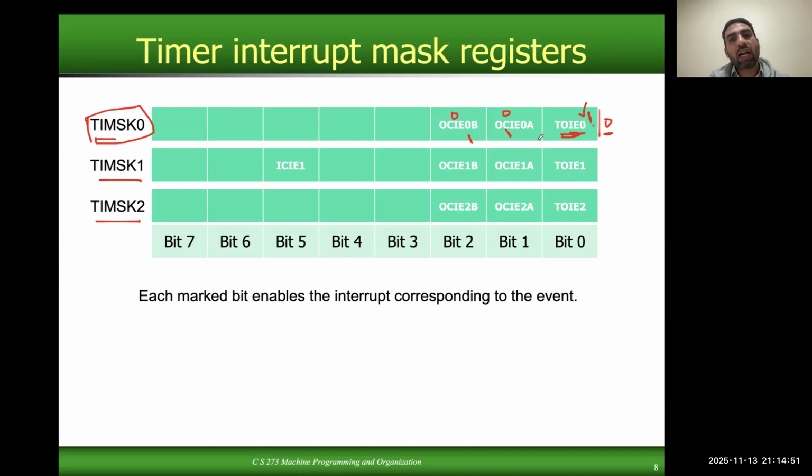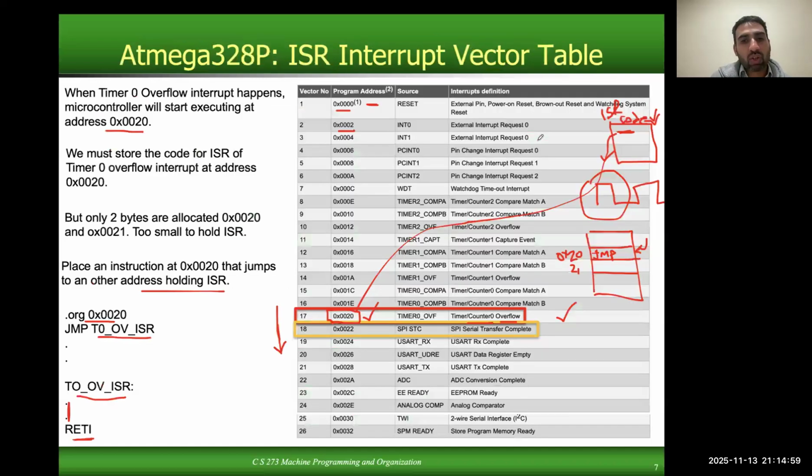As soon as those values become equal, the microcontroller will jump to a particular location. Which location? You can check it from this table here. It will go to memory location 0x001C, and whatever code is written there, or, if you have not written any code, it contains garbage, it will start executing garbage.